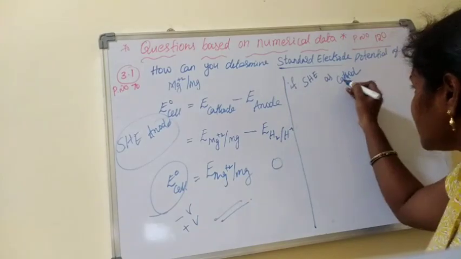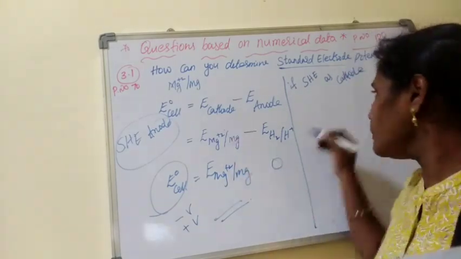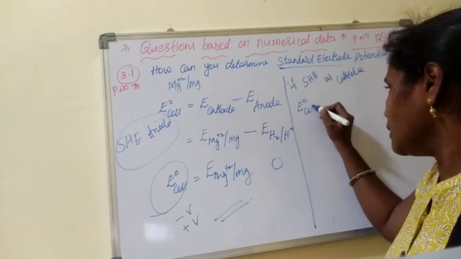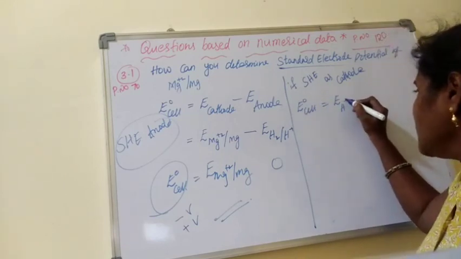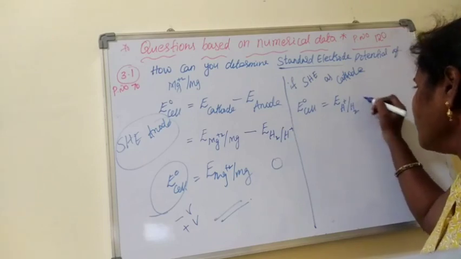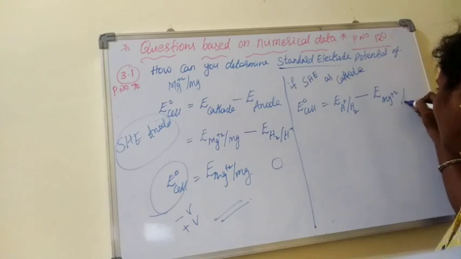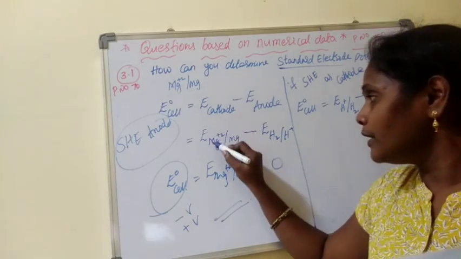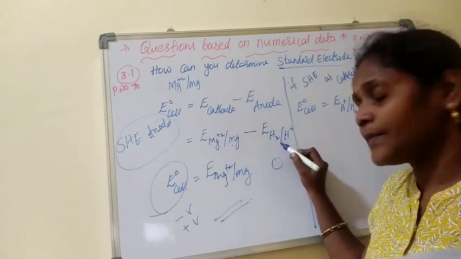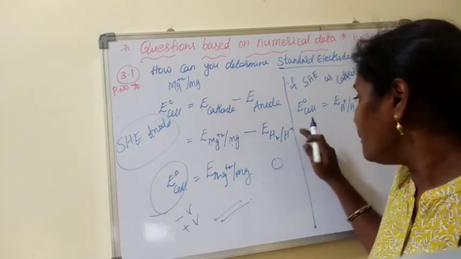If I use the standard hydrogen electrode as cathode, then what would be my E cell? E naught cell will be E of H plus converting into H2 and E of magnesium. See, actually I have shown here this as reduction and this as oxidation, because at the anode oxidation happens.